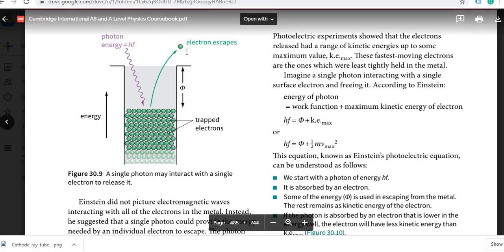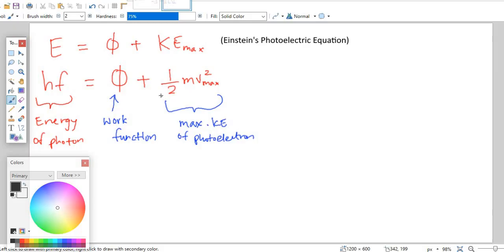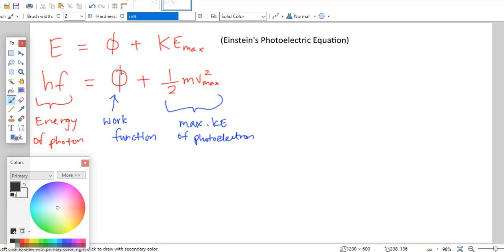And after it is removed, the remaining amount of energy is the kinetic energy. Again you can see it here. This is the energy of the photon. This is the work function. This is the amount of energy needed to remove the electron from the metal surface. Then what happens? The remaining amount of energy that was transferred from the photon becomes the kinetic energy of the photoelectron.